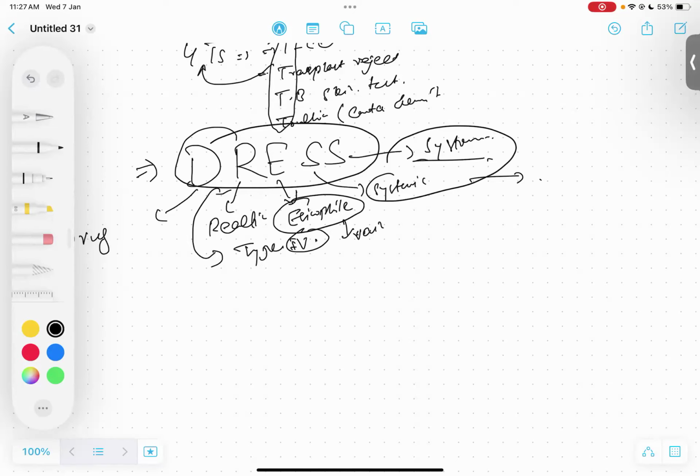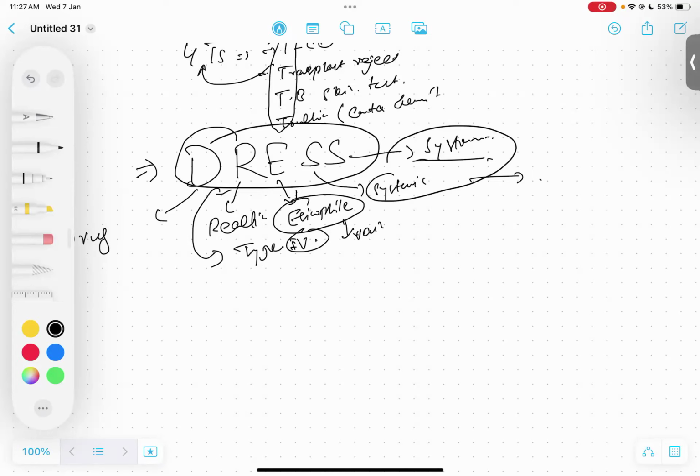Welcome. So this is the last topic of our today's session. Tomorrow we are going to discuss some of the transfusion related reactions, and after that transplant rejections, and after that some autoimmune diseases and also immunosuppression.